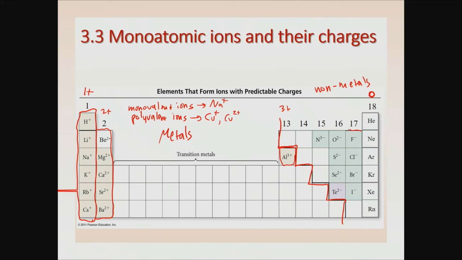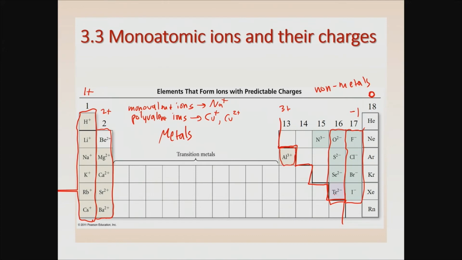Now, let's look at the next column to the left here. These are the halogens. And what you can see is that when the halogens become charged, they will tend to want to gain 1 electron. So they'll get a -1 charge state. The next column over, this includes oxygen, sulfur, selenium, tellurium.